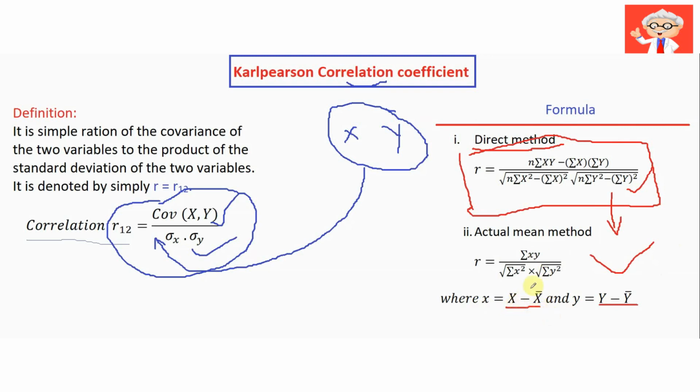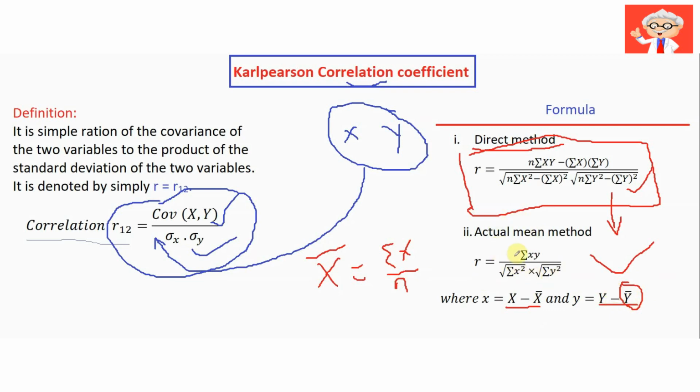X bar is the mean, which you can calculate by summing total x over the total number of observations. Similarly, you can calculate y bar, the mean of y. So this is the actual mean method.